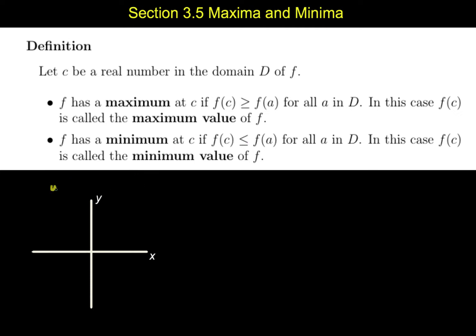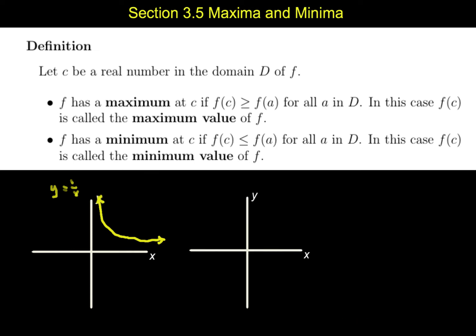So y is 1 over x, and its graph looks something like this. And we see that it has no maximum because as it approaches the y-axis, it goes off to infinity, and it has no minimum value. It does have an asymptote getting closer and closer to 0, but it never reaches 0. So this would be an example of no maximum or no minimum.